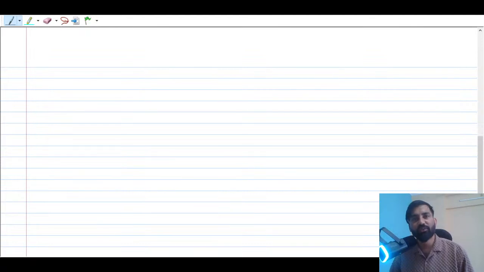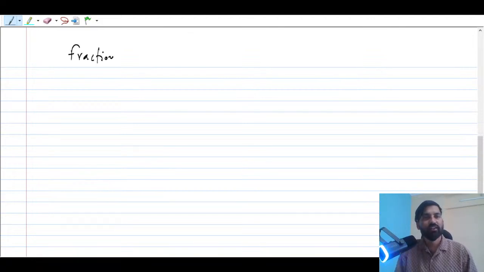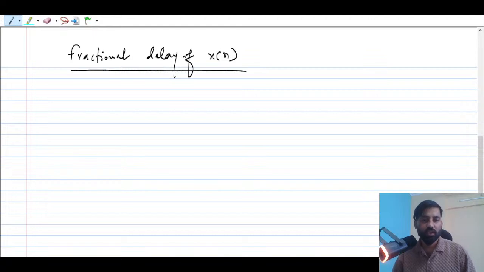This is one of the important facts that you have to remember. The only sequence of operations that will yield the correct result is interpolation followed by an integer shift and decimation. I will show you. Fractional delay of x of n requires what? First, it requires interpolation.